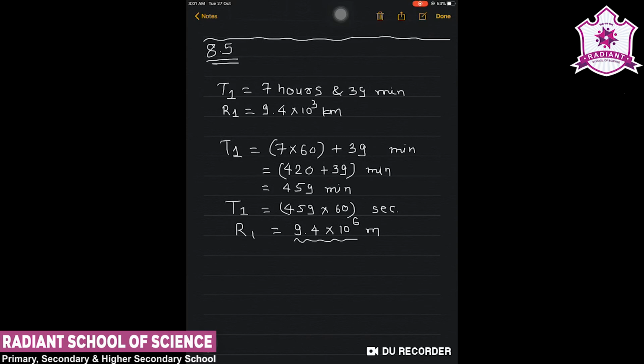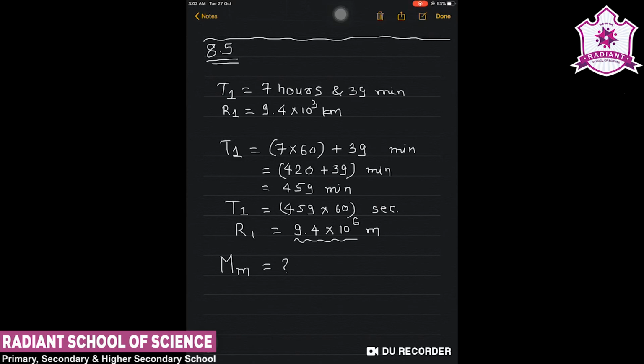Now we are asked to calculate the mass of Mars. So we have to calculate the mass. Suppose the mass of Mars is given as M, that we are asked to find out.